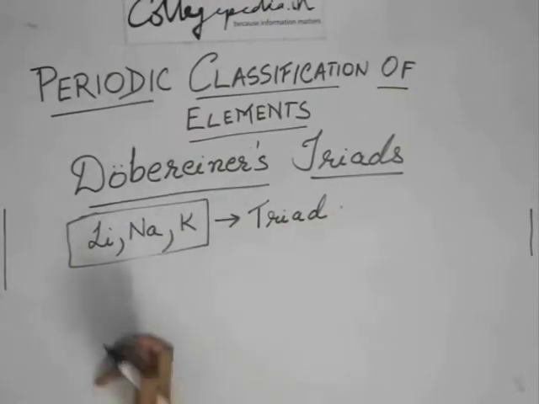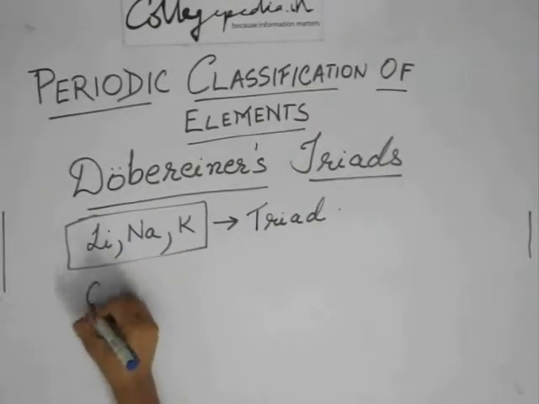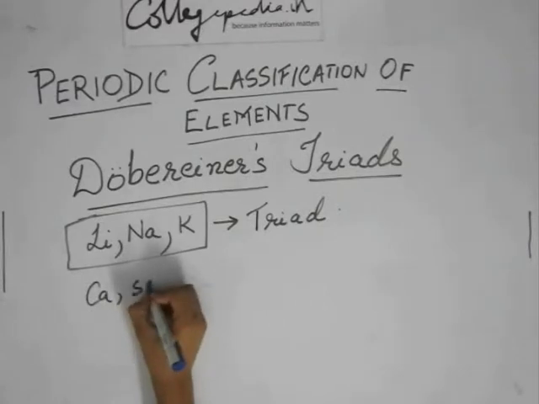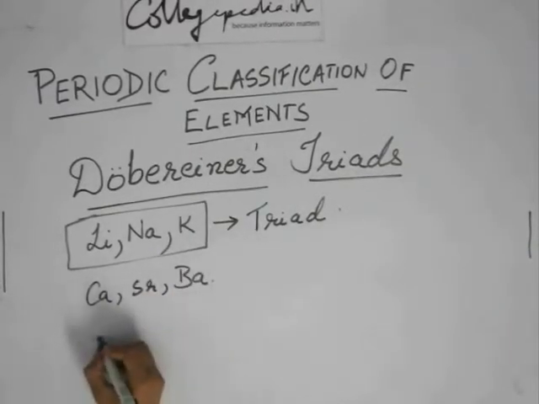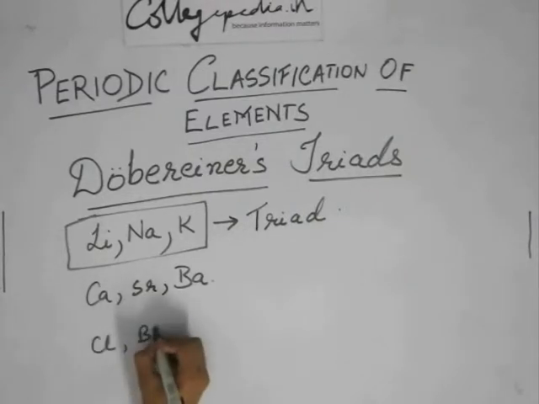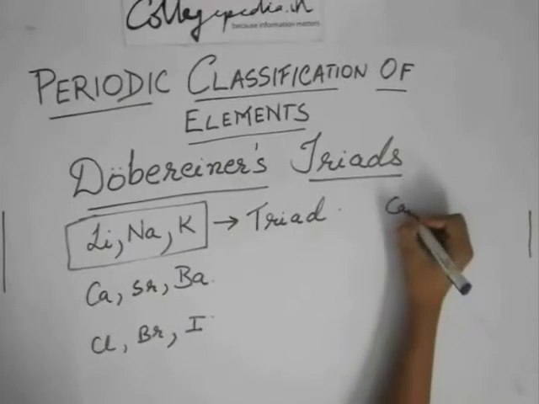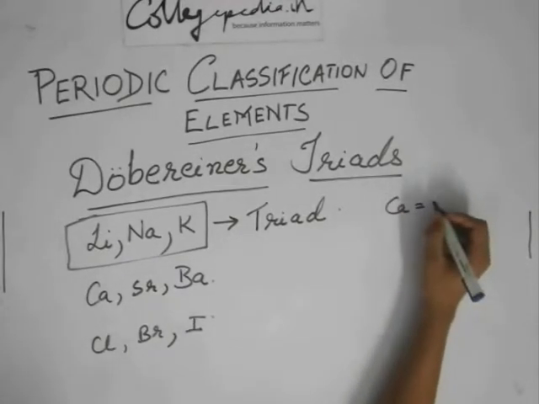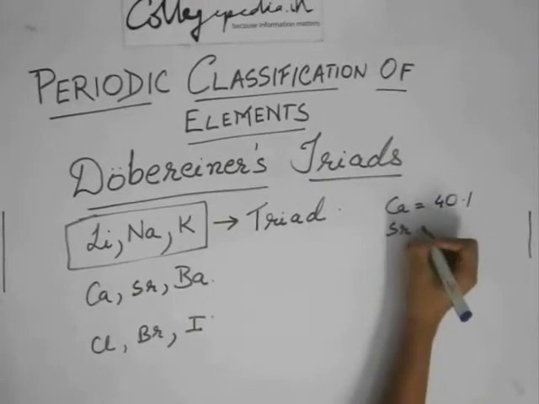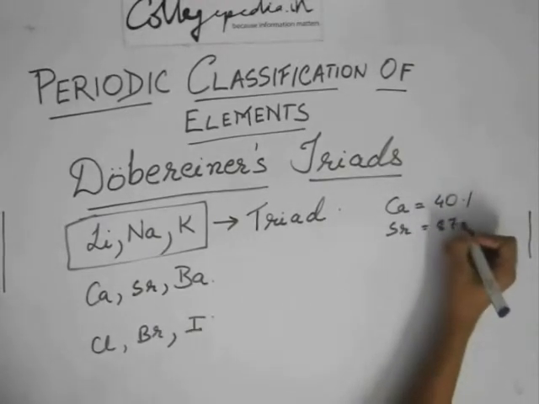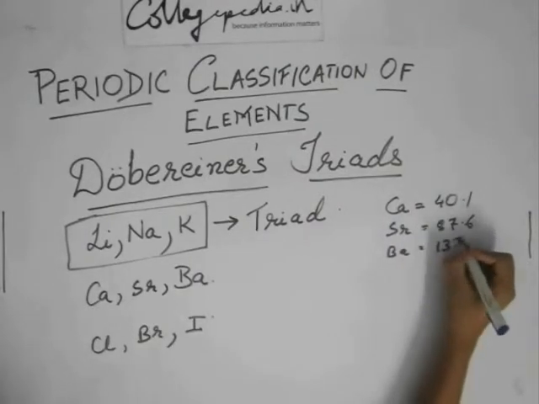So this group is one Dobereiner's triad. Now there are two more groups of three elements, which are calcium, strontium, barium, and chlorine, bromine, iodine. Calcium's atomic weight, you don't need to memorize the atomic weights, is 40.1, strontium is 87.6, and barium is 137.3.